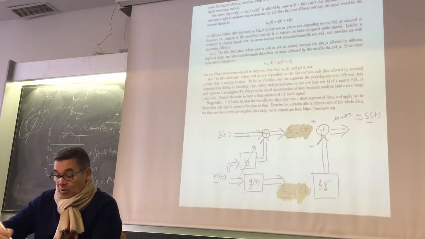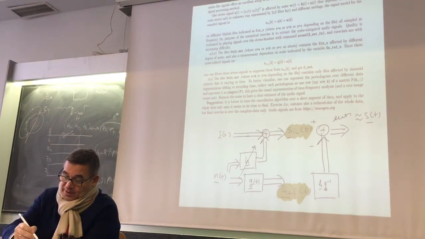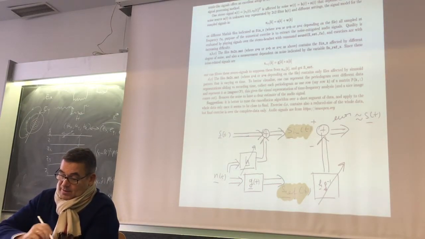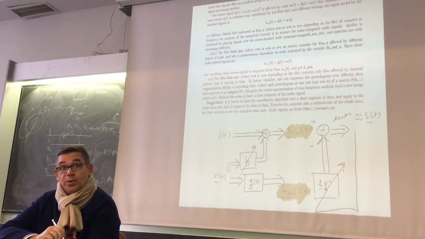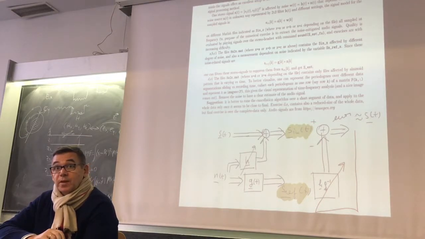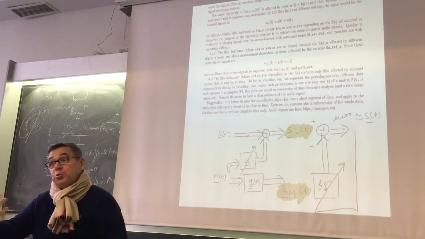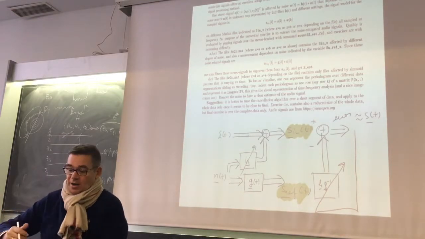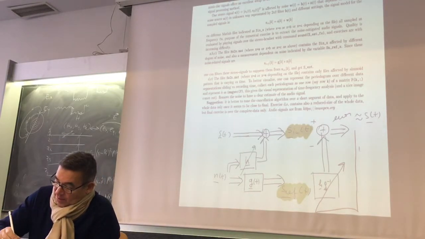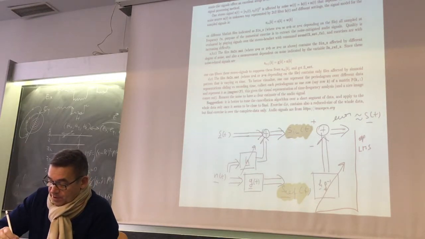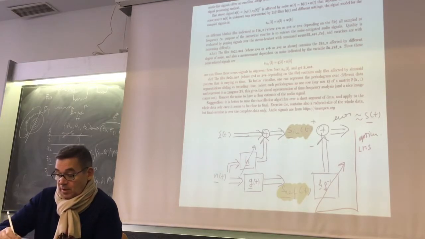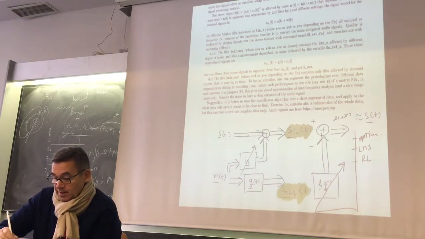Okay. Now, since this filter here is time varying because it's adapted, you need to compute the adaptation loop. The tools that you have in your box are the LMS filter, the optimum filter, the LMS, the RLS. Now the optimum filter is for stationary.